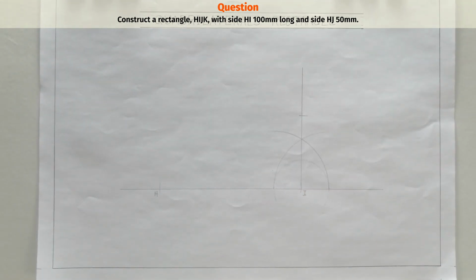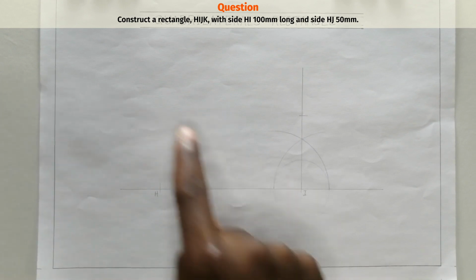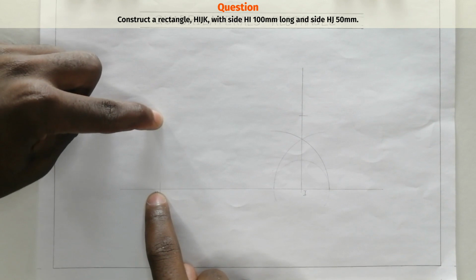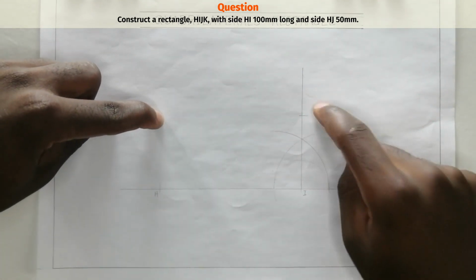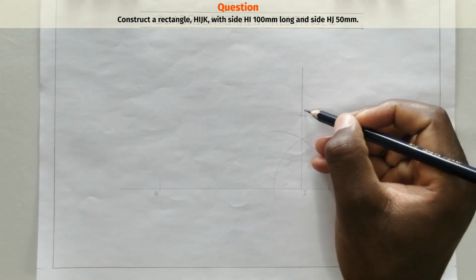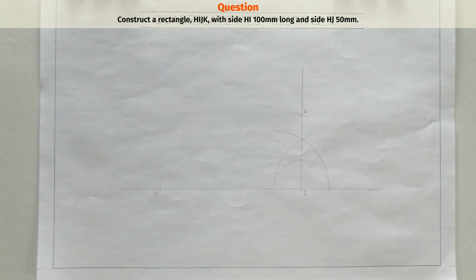Well, remember we said that two pairs of lines in a rectangle have got the same length. So HI is the same length as JK. Therefore, HJ will be the same length as IK. So I've constructed point K like that, even though I've been given HJ.